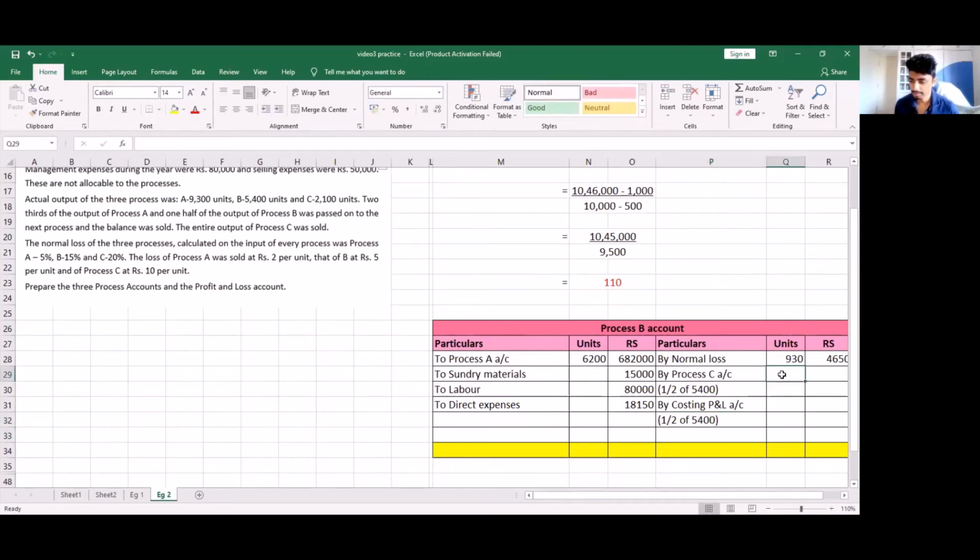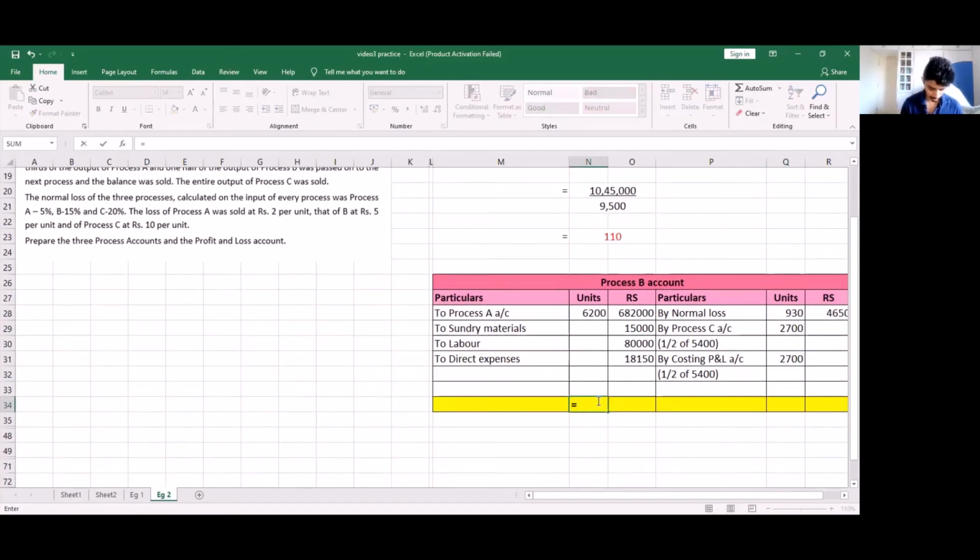Let's quickly calculate these values. Now let's sum our units to find out if we have an abnormal loss or an abnormal gain.